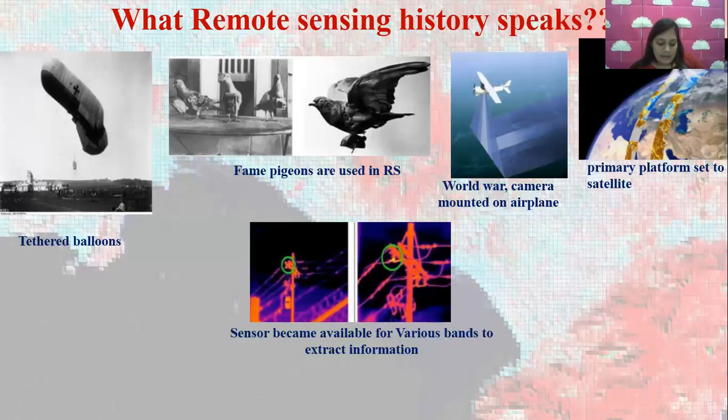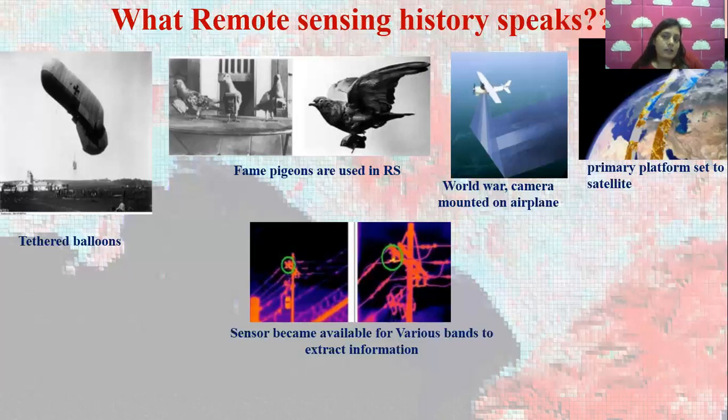Now the last image you can see is of the sensor which we have sent. They are extracting information, and you can see that various bands are there and they are extracting various information for us. It is very useful, and hence we can do a number of analysis and interpretation processes.